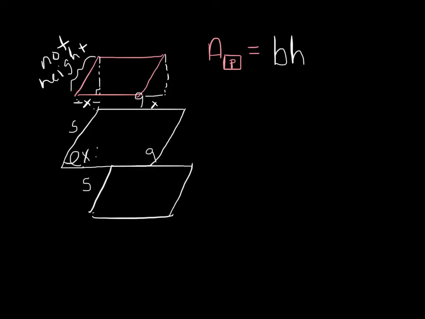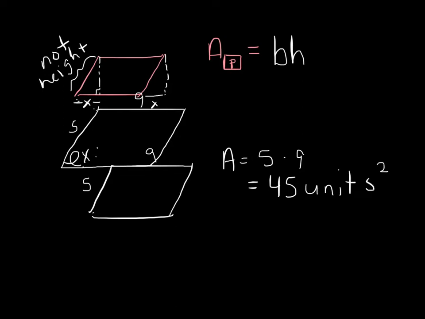If we tried to find the area of this parallelogram right now as it was, many of you would say that the area is 5 times 9, or 45 units squared.